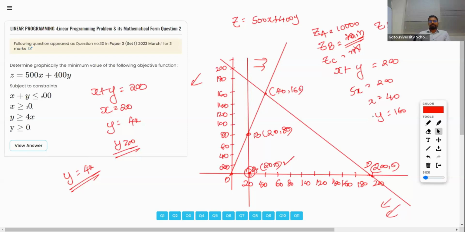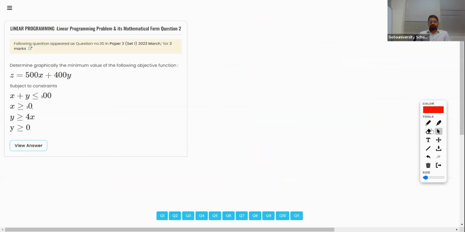So let's look at the question quickly. Z is equal to 500x plus 400y. So let's draw the graph accordingly.